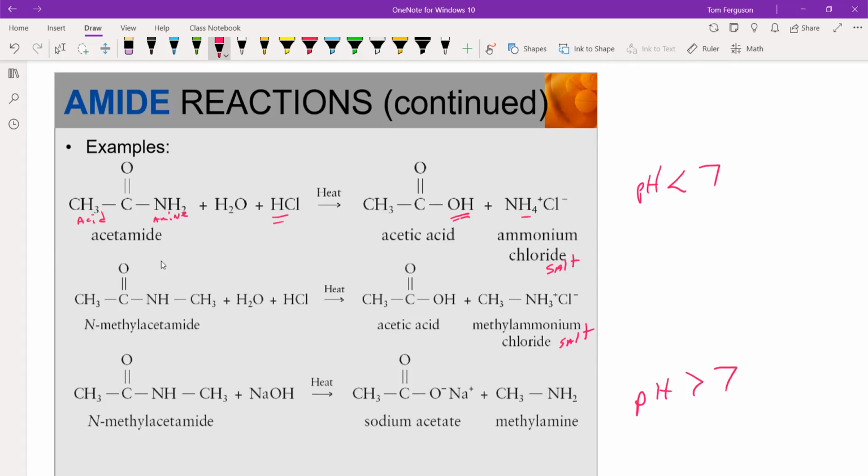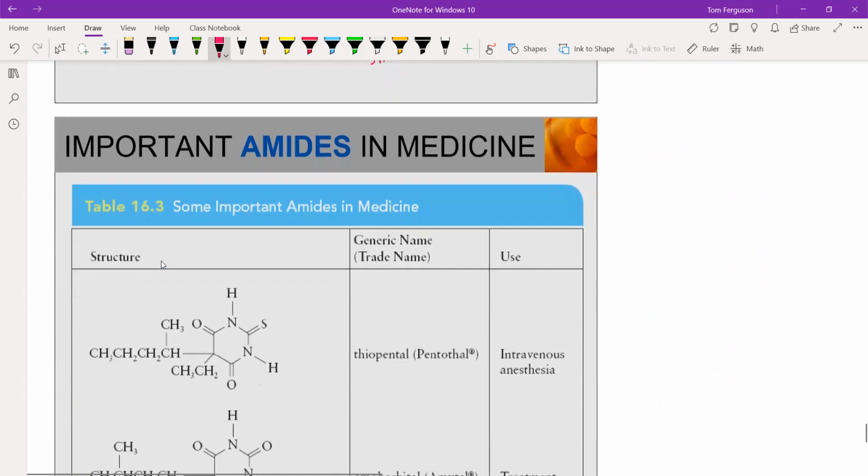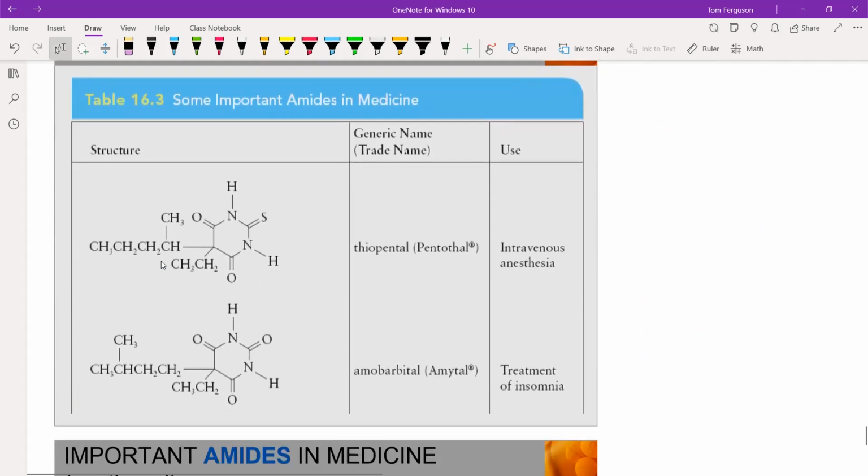So in a basic environment where pH is greater than 7, what's going to happen is the OH here is going to grab the hydrogen off the acid, forming the acid salt plus the amine. Now, there are thousands of important amides in medicine.